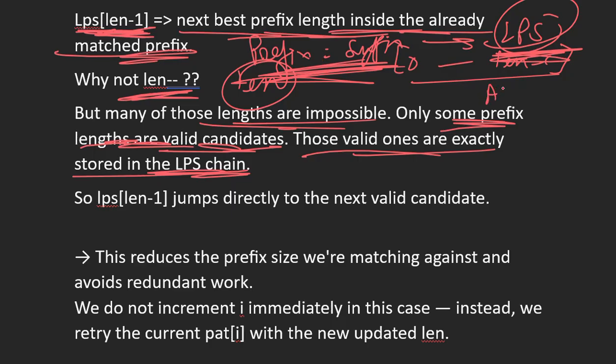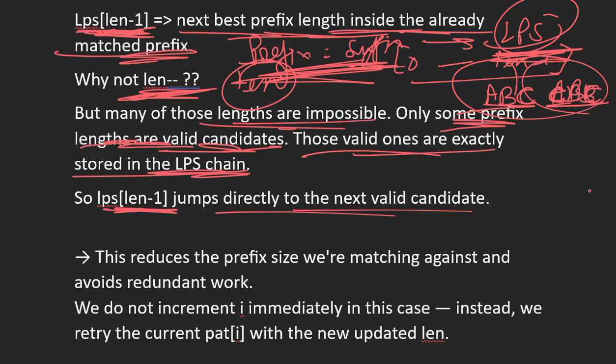Suppose at some point we have matched AB and AB, so is it possible to get ABC, oh sorry, ABC? So is it possible to make this prefix and suffix somewhat like this, right? That's why we are using LPS of length minus 1, not directly length minus minus.